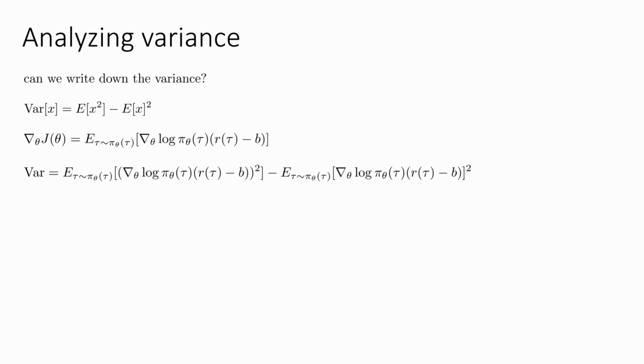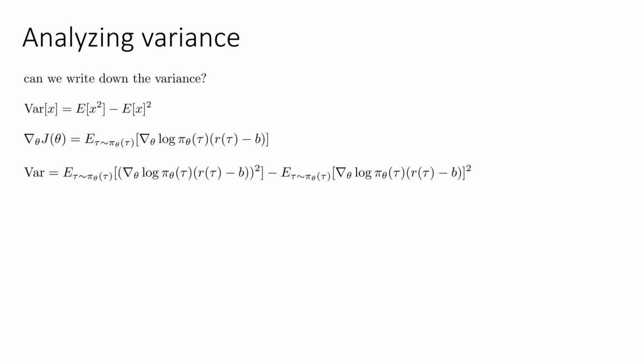So here all I've done is substitute this in. The variance of my policy gradient is the expectation under pi theta of tau of the stuff inside, squared, minus the whole expectation with a square on the outside. Now for that second term, I've already told you that the expectation with the b subtracted is exactly the same as the original expectation.